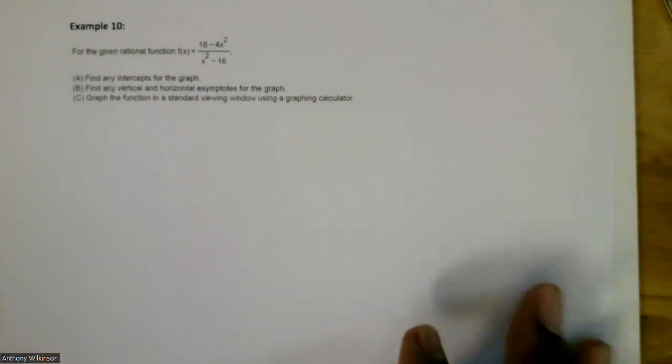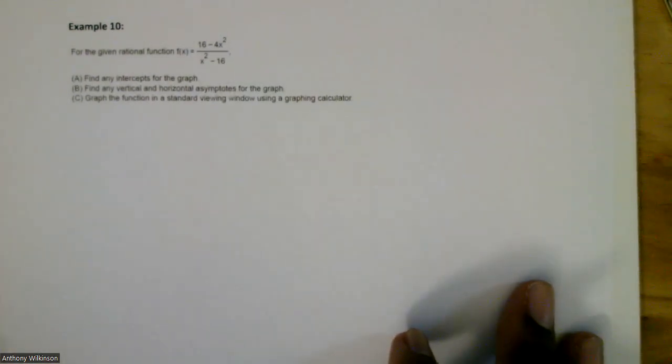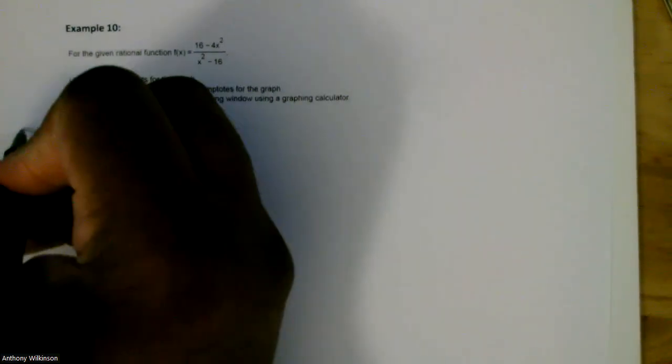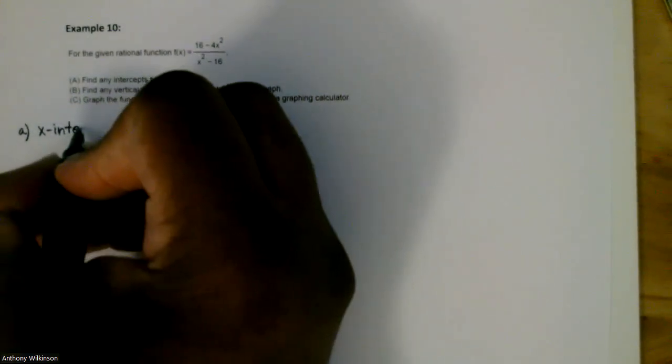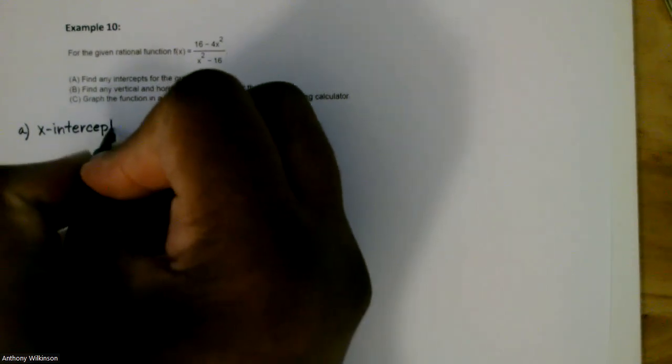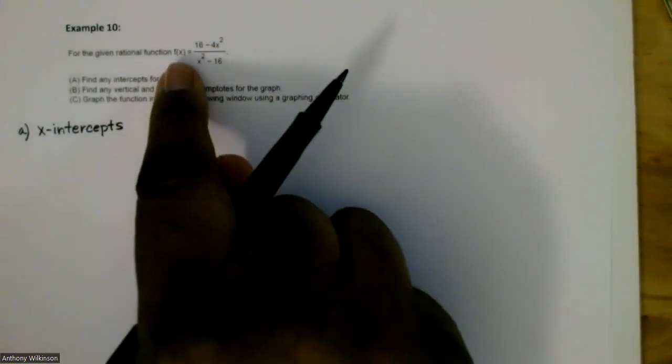All right, so let's see what we have here. First of all, let's find the x-intercepts. So that means I take that function and set it equal to 0.